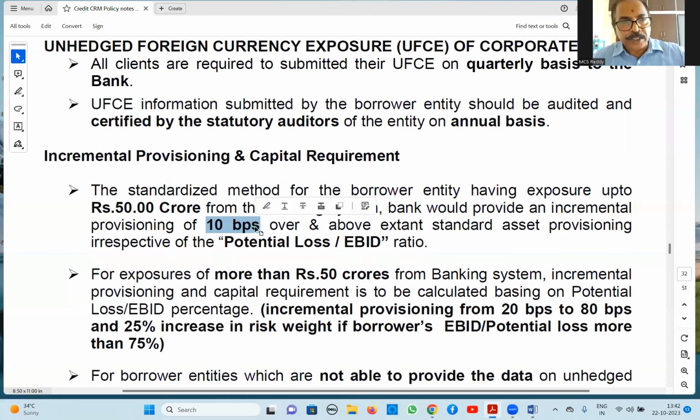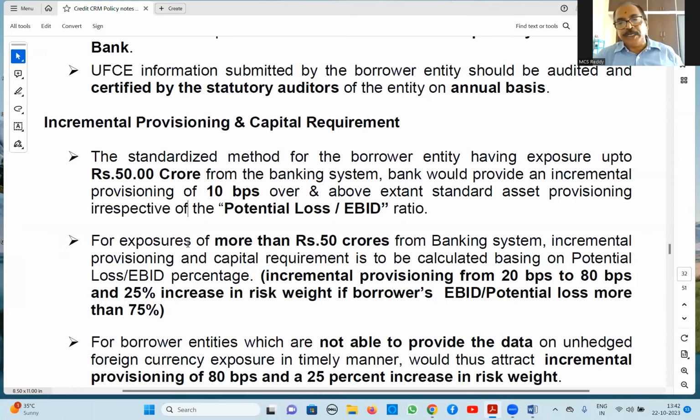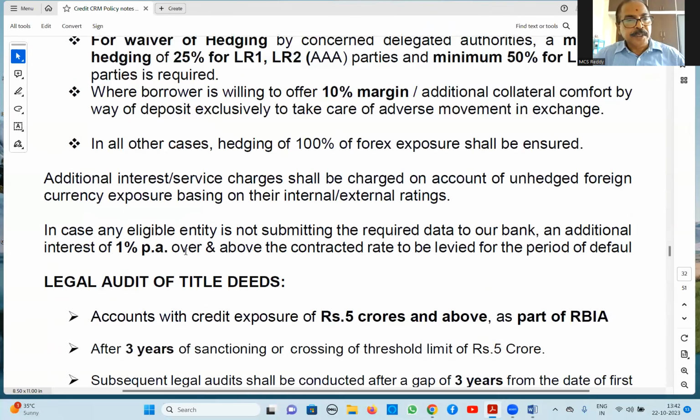This is enhanced; earlier 10 crores was there, it is enhanced to 50 crores. 10 basis points means 0.1%. It will be enhanced provisioning. That means for standard assets, if they are not submitting this UFHE exposure up to their 50 crore limit, in such cases over and above the 0.25% or 0.4% for standard assets, we will add 0.1%, so 0.5% we keep as provisioning for standard assets. Remaining all we need not worry about, it is a little deep one.